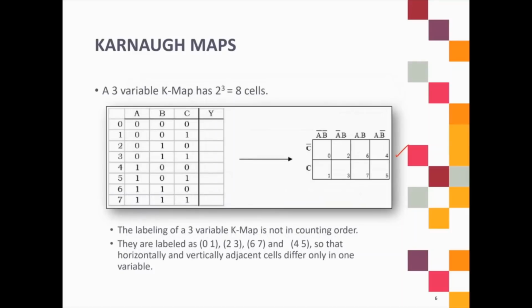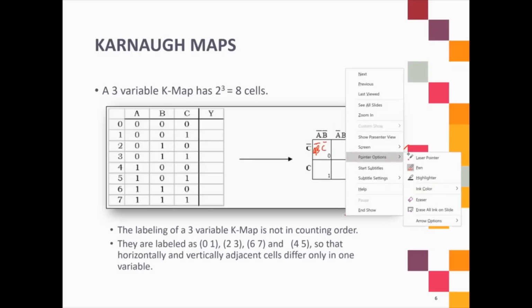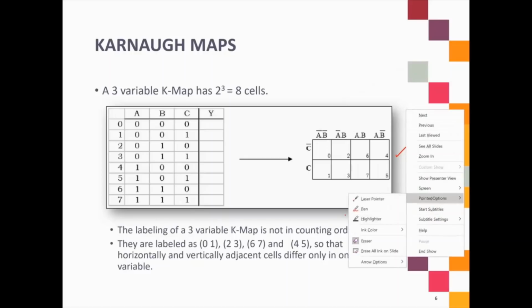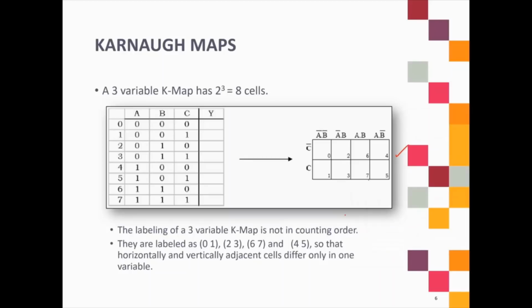Based on this K-map, I write the value inside each cell. So this cell has A bar, B bar, C bar. I draw here a bigger size of your K-map.